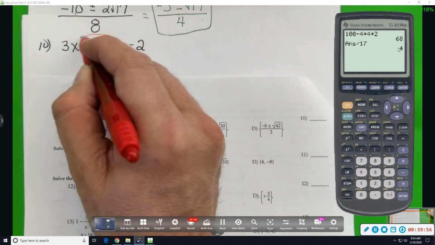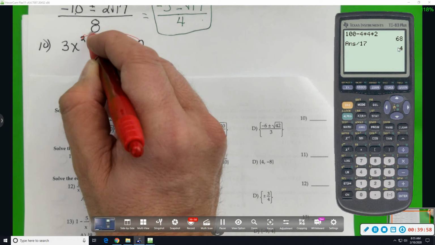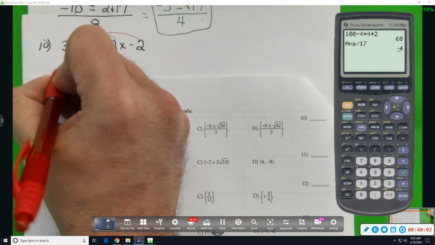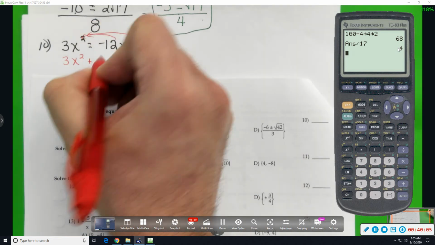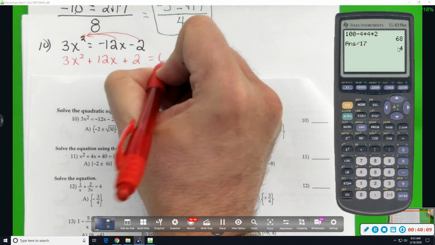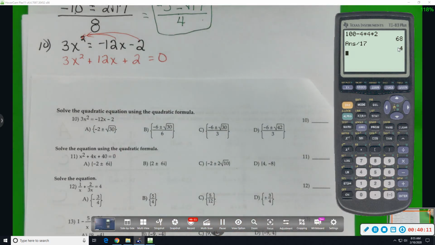I think this is another one where I've got to move everything over and get a 0 first, don't I? So I'd have a 3x squared plus 12x and plus 2. And I'll write out A, B, and C, and then I'll write down the quadratic formula.